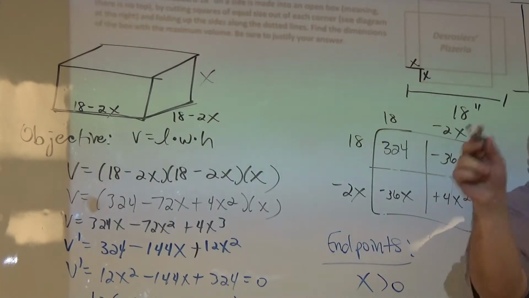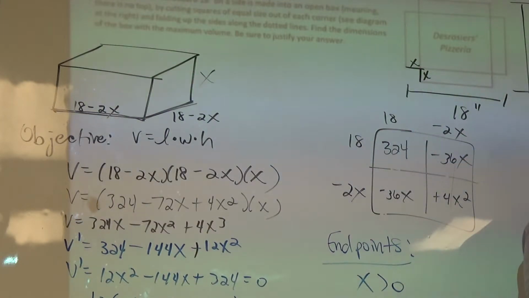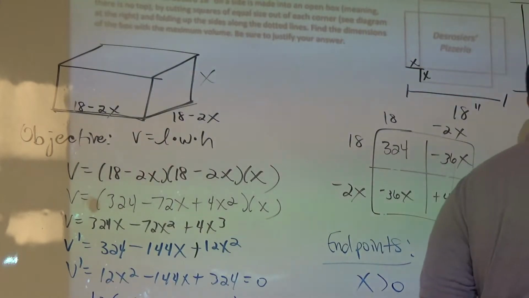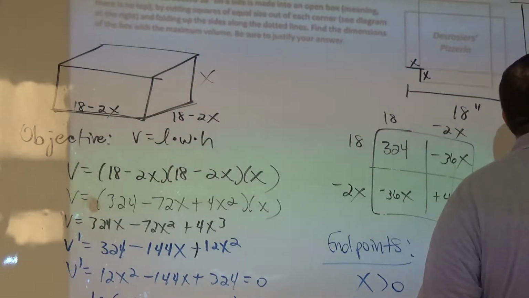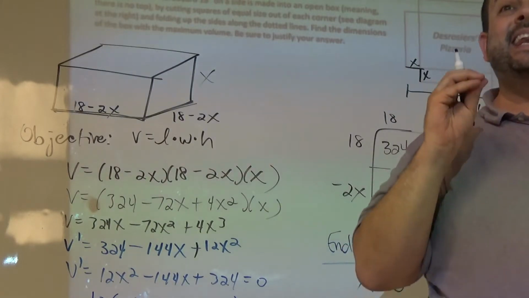So horizontal tangent line, and second derivative is negative. You're concave down, right? So the conclusion? There's a max at x equals 3. You said max, and that's going to get you in trouble. V has a relative max at x equals 3. And the problem is that's not enough.